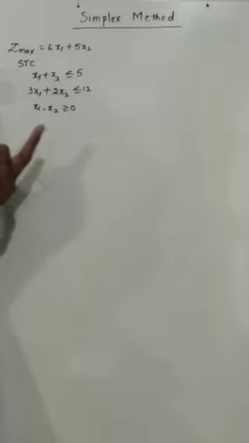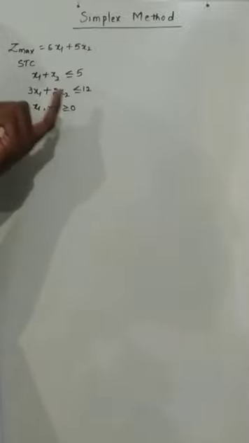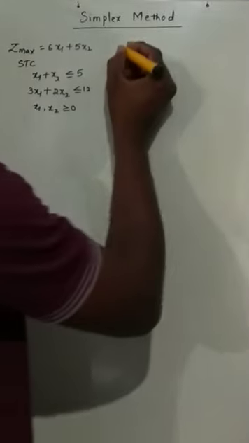If the problem is given like this, and I want to solve it using the tabular method or the simplex method, the first step is that we have to convert the inequalities into equations.